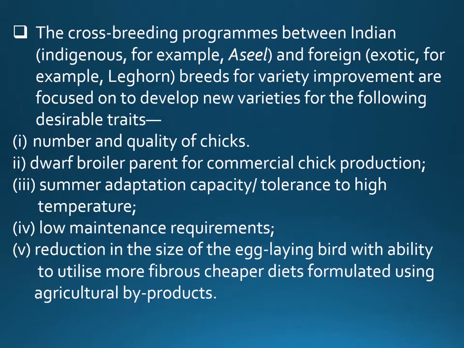Breeds are improved to develop new varieties for the following desirable traits: number and quality of chicks, dwarf broiler parent for commercial chick production, summer adaptation capacity and tolerance to high temperature, low maintenance requirement, reduction in the size of the egg laying bird, with the ability to utilize more fibrous, cheap diet formulated using agricultural byproducts. These are the characters to be followed.